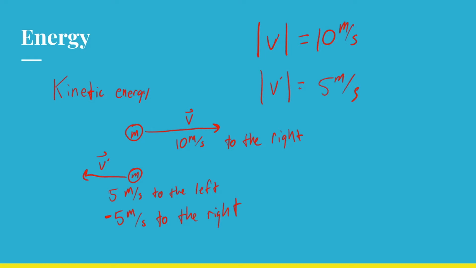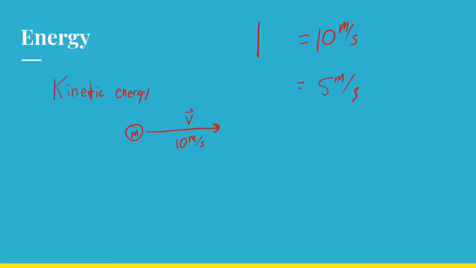And then I say that, but then we're also talking about energy. So if something is moving, and let's just erase the other stuff, 10 meters per second to the right, then that also means that it has a kinetic energy associated with it.